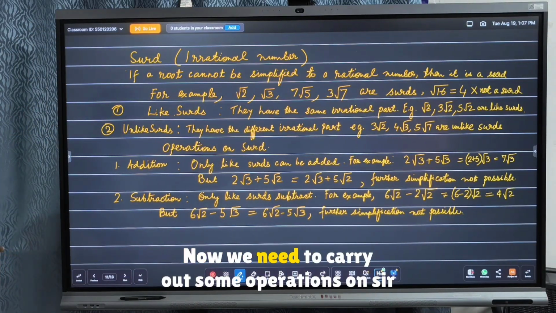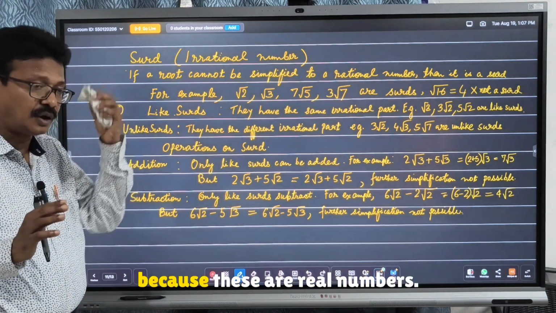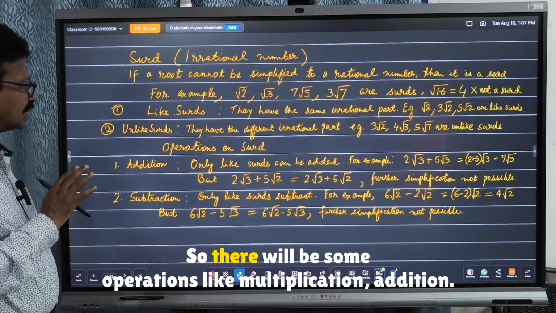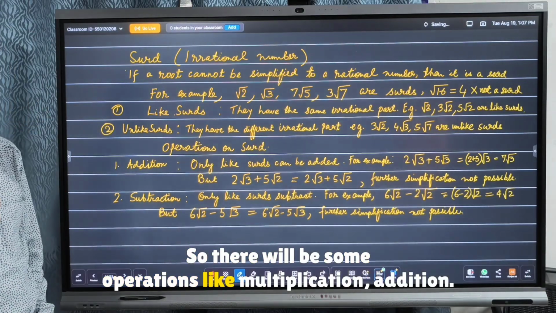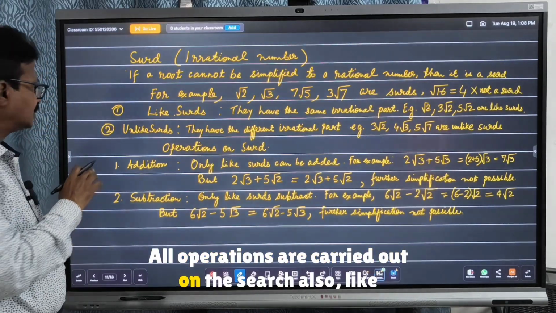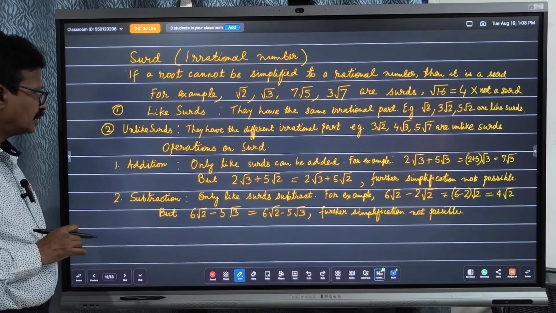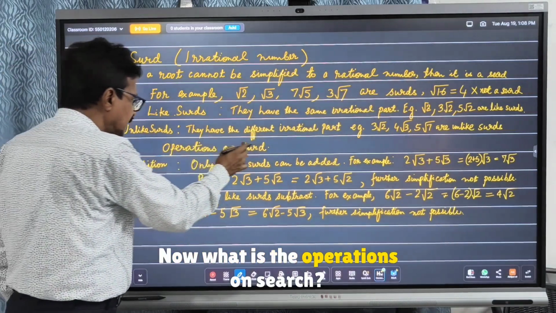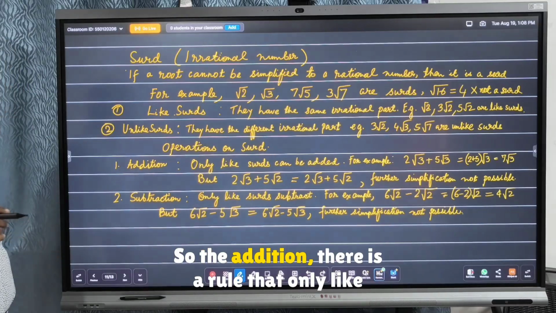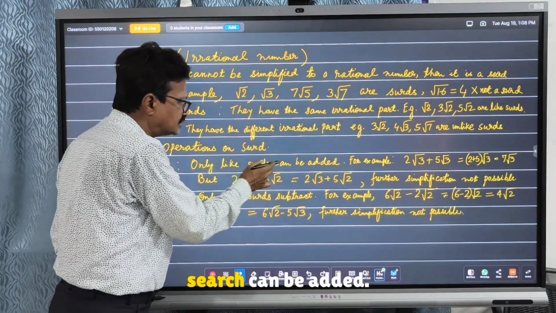Now we need to carry out some operations on surds because these are real numbers. So there will be operations like multiplication and addition; all operations are carried out on surds also, like on rational numbers. Now what are the operations on surds? Suppose addition. In addition there is a rule that only like surds can be added.